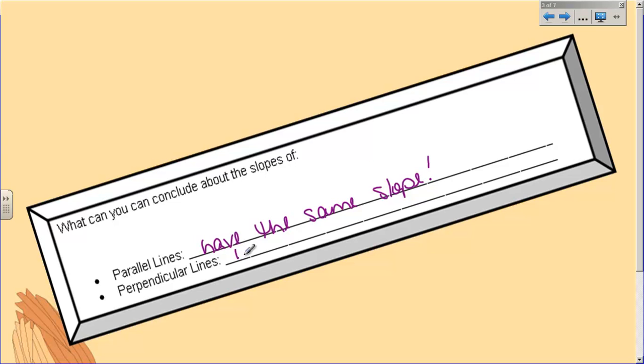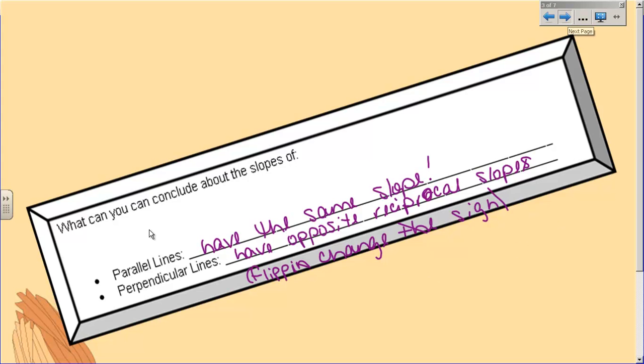So perpendicular lines have opposite reciprocal slopes. I want you to remember: flip it and then change the sign.